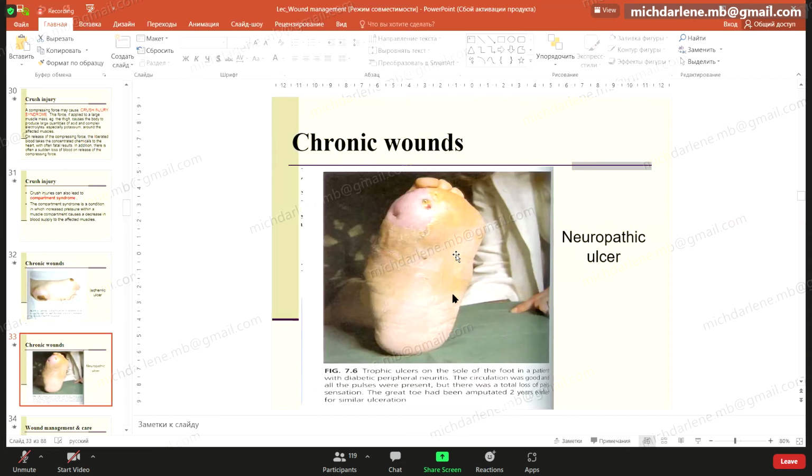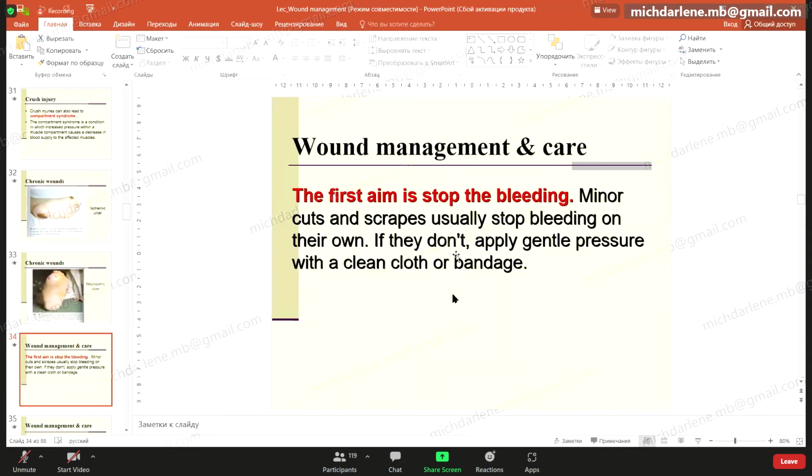Let's taste this smell. Wound management, the care. I told you that it's a special kind of science if you want to treat the different kinds of wounds. Why? Because here we have some basic things, and I told you about this, but the good results of the wound treatment depend, I don't know, on your internal feeling, which kind of bandages you must use tomorrow.